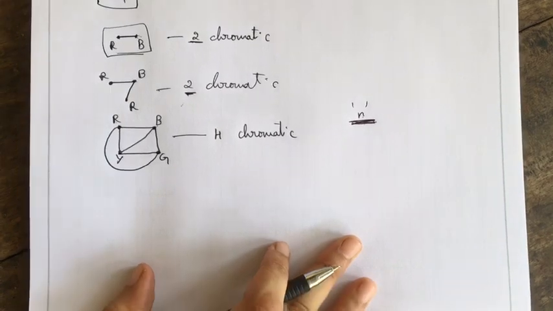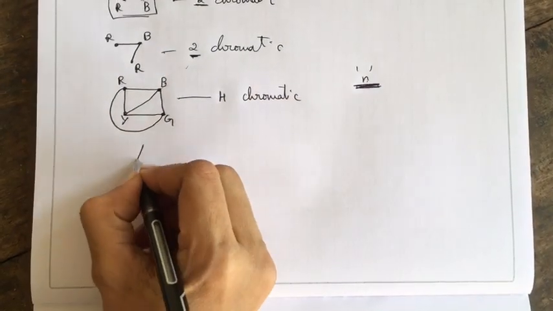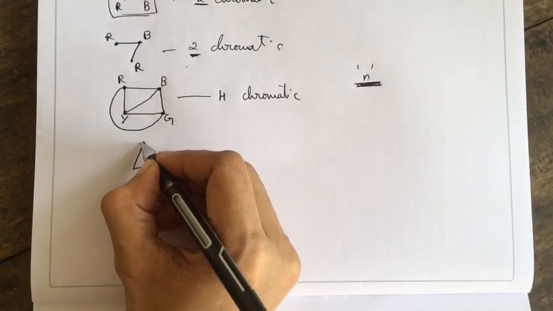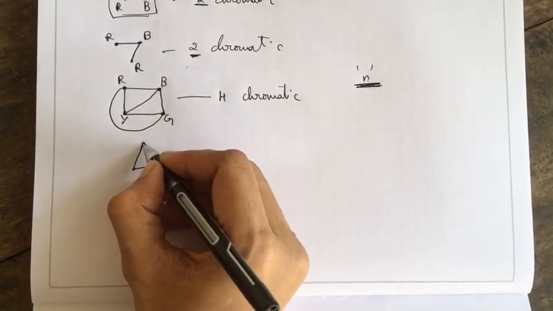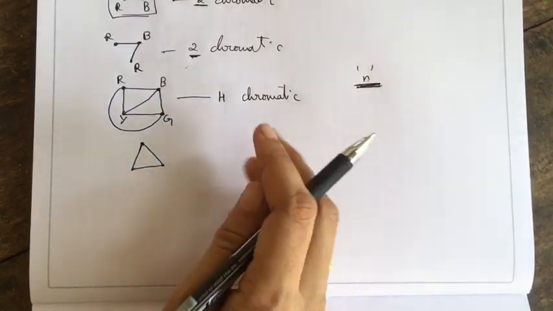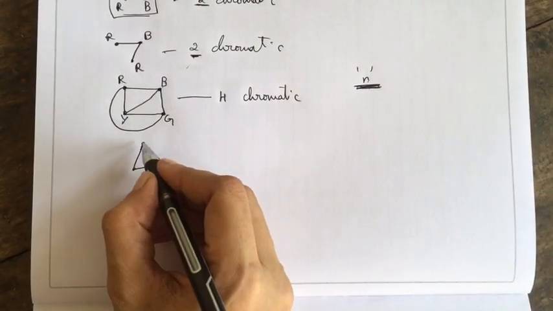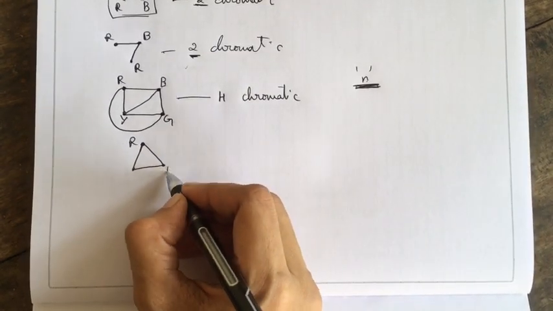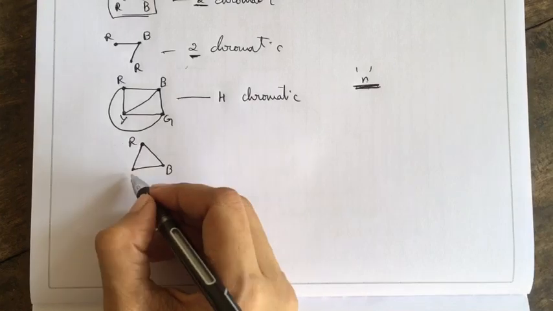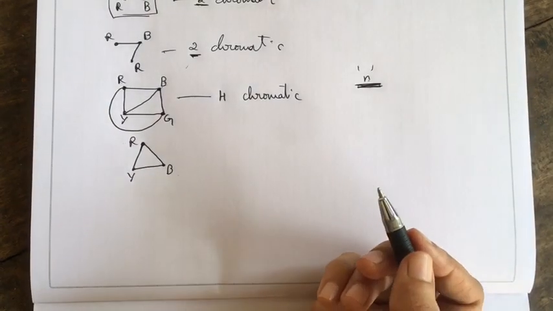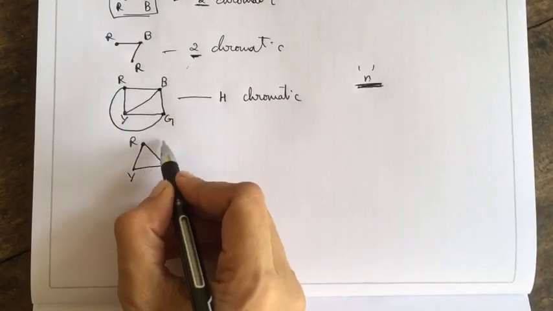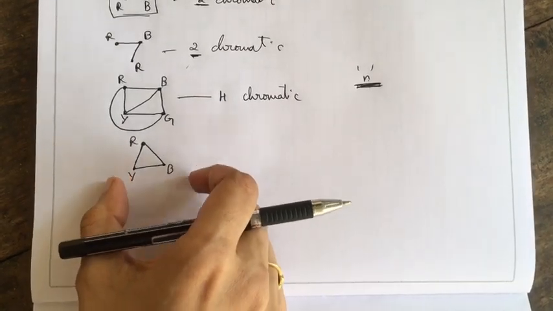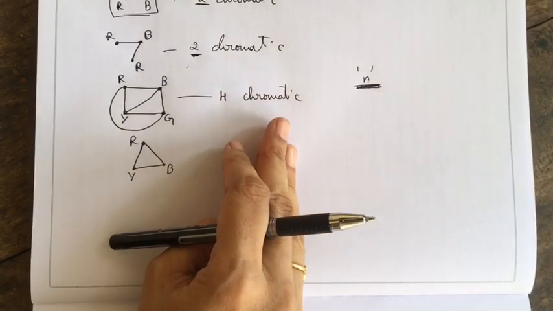Then you can think of a triangle. This is the case which is helpful everywhere when you have to find the chromatic number of different graphs. If I have a triangle, I have given color red to this, black to this, I cannot give red and black, so let me give yellow for this. This is a 3-chromatic graph, so every graph having a triangle is at least 3 chromatic.